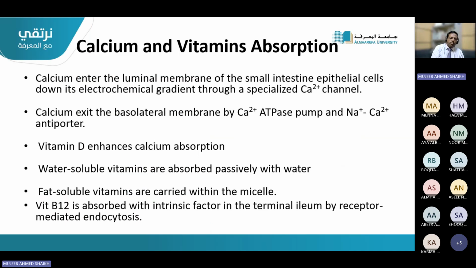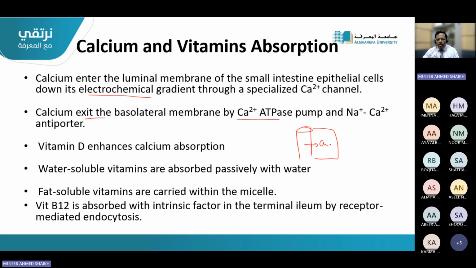Calcium and vitamin absorption. Calcium enters the luminal membrane of the small intestine epithelial cells by use of the electrochemical gradient. Positivity outside, negativity inside, so positive calcium can move inside. Calcium will exit the basolateral membrane by a specific pump known as the calcium ATPase pump. Suppose this is a cell and this is the lumen.